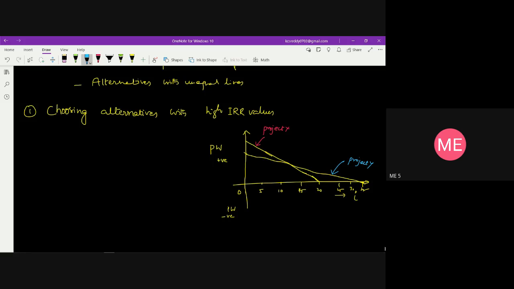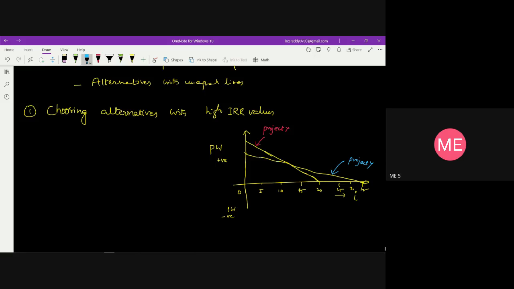When you look at the two projects, each has a present worth at the rate of interest of 5, 10 and so on. These are the present worth values calculated at i equal to 5, 10, 15 and then 20.